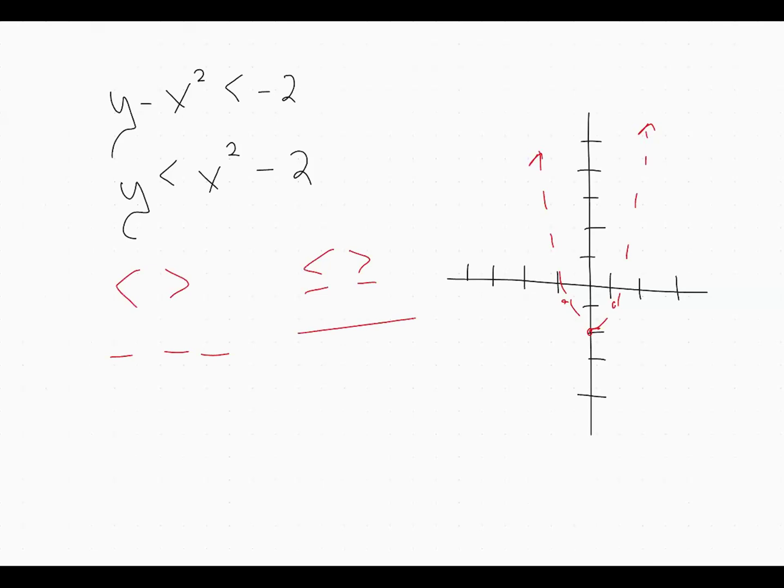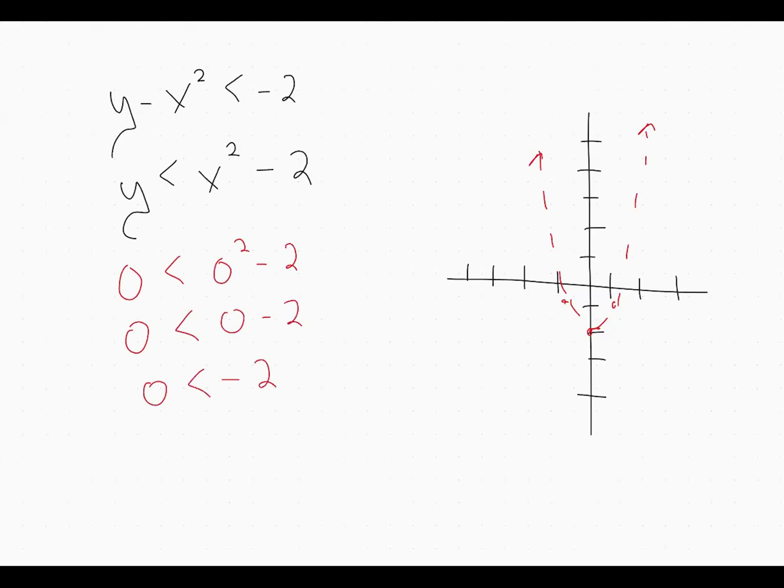All right. So we pick a point to test because also for inequalities, we need to shade. And the point we tend to pick is 0, 0, the origin. It's the easiest one for math. So if I plug in 0, 0, I get 0 less than, well, 0 squared is still 0. So 0 is less than 0 minus 2, which is 0 less than -2. Is that a true statement or a false statement?